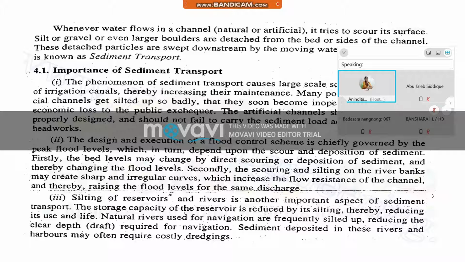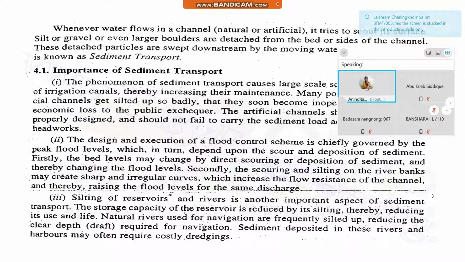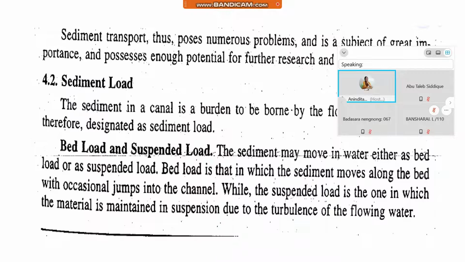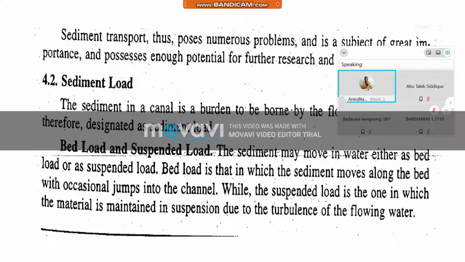Sediment deposited in these rivers and harbors may often require costly dredging. Sediment transport thus poses numerous problems and is a subject of great importance and possesses enough potential for further research and development.